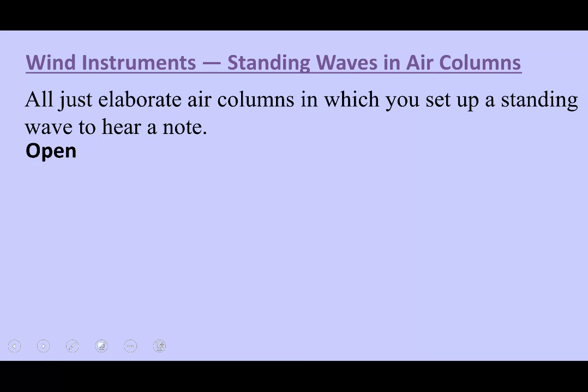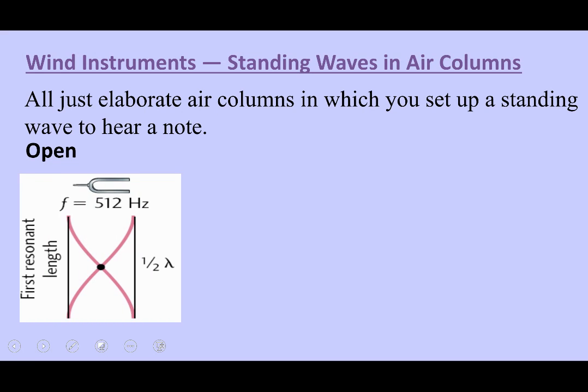We'll start with the first 3 patterns for an open air tube. Wind instruments are just elaborate air tubes, and you set up a standing wave and you hear a note. The first resonant length for an open air tube, meaning open at both ends, is going to have that antinode, that open part, at both ends.